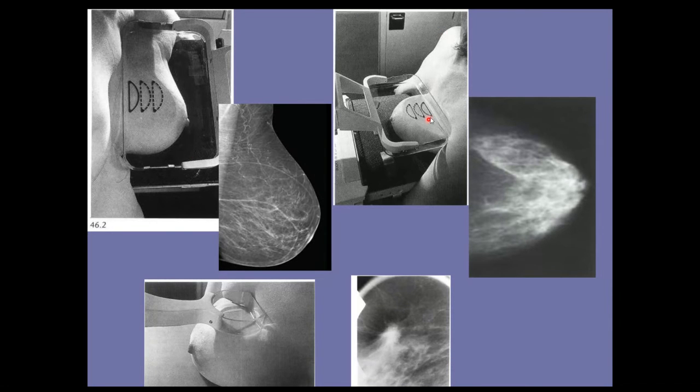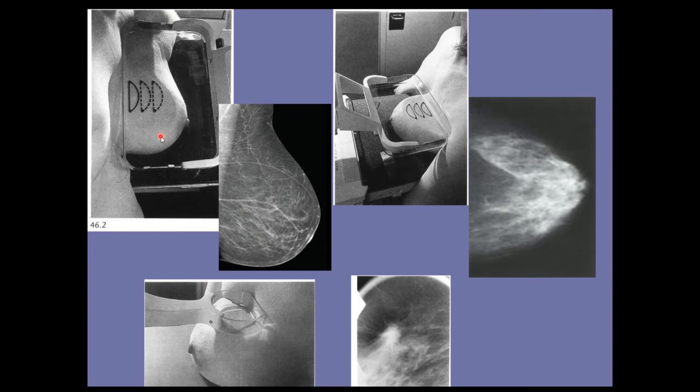And in this picture, you can see they have given compression to the breast, and the X-ray tube must be above, and the X-ray film will be below. That's why it is called craniocaudal view. In every mammogram machine, there is a compression device. Why are we giving compression?